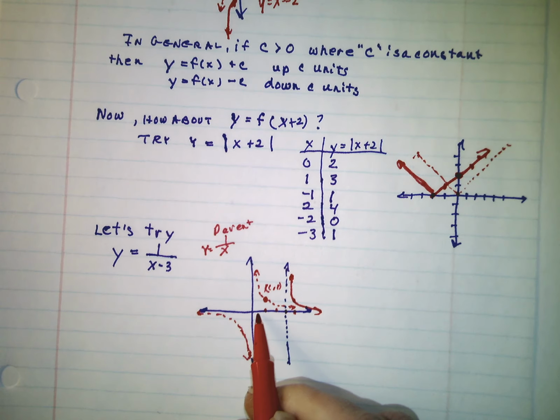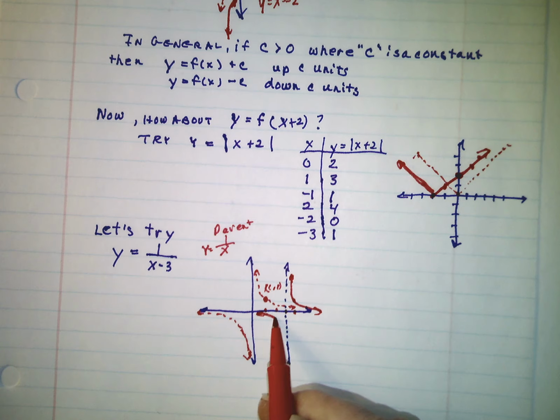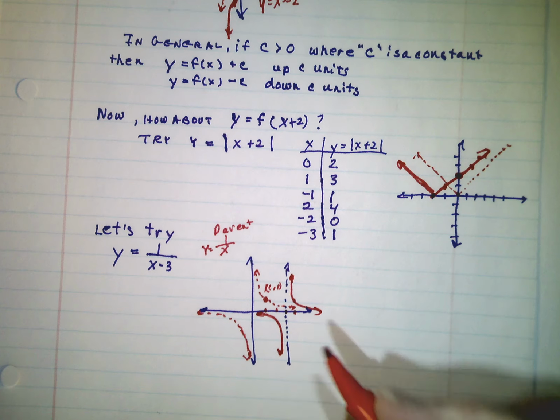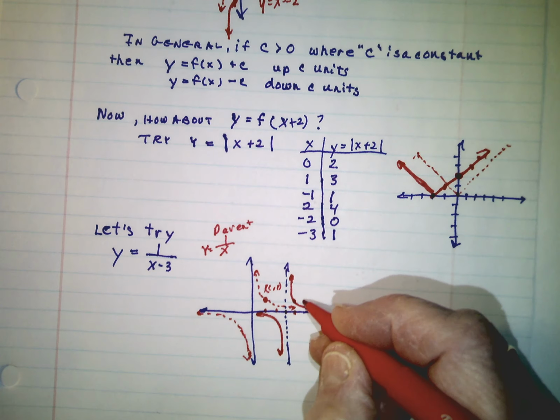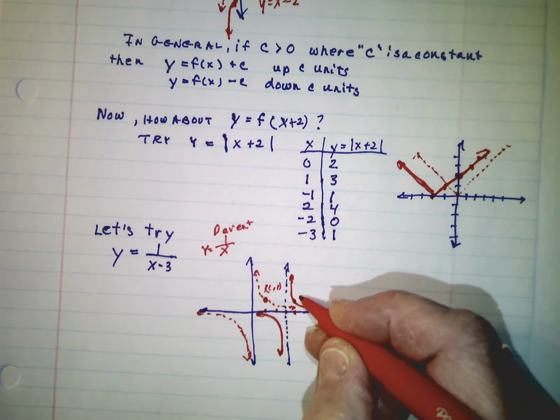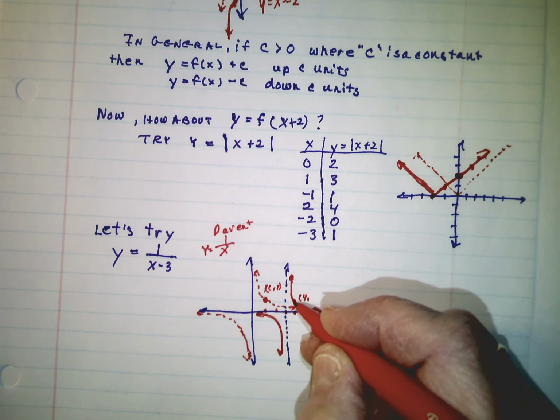It's a little trickier to draw. Everything's going to get moved over to the right by 3 spaces. And this point, it was at x equals 1, we moved over to the right, so now it's at x equals 4, but it's still 1 space up.